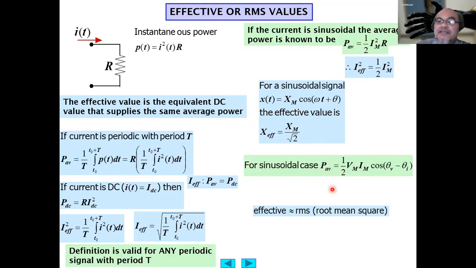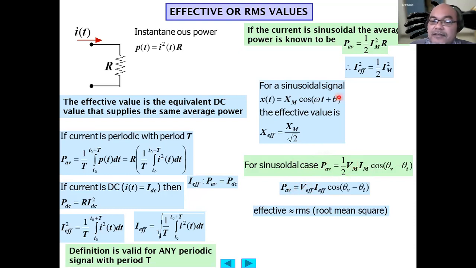For the sinusoidal case, the average power equals half times Vm times Im cosine of theta v minus theta i. We have derived this in the previous section.